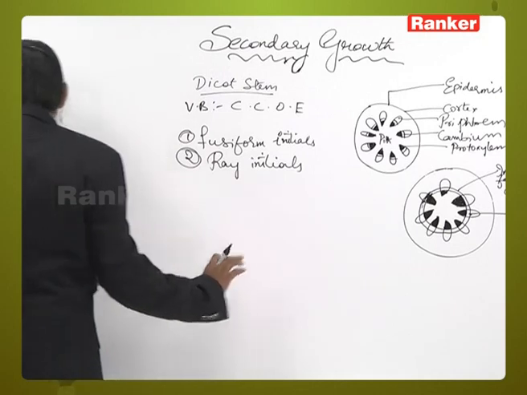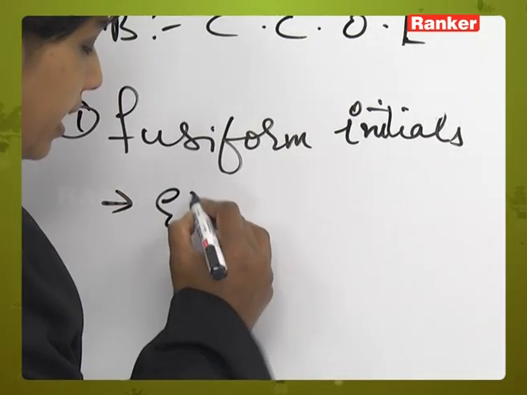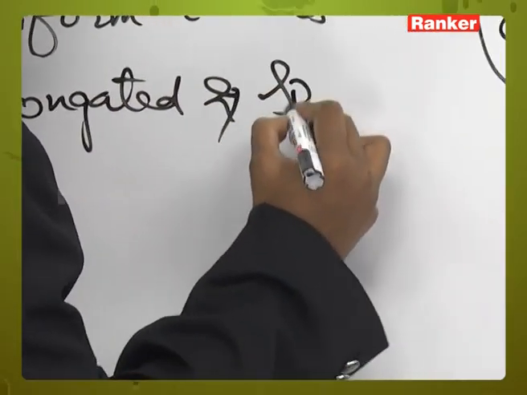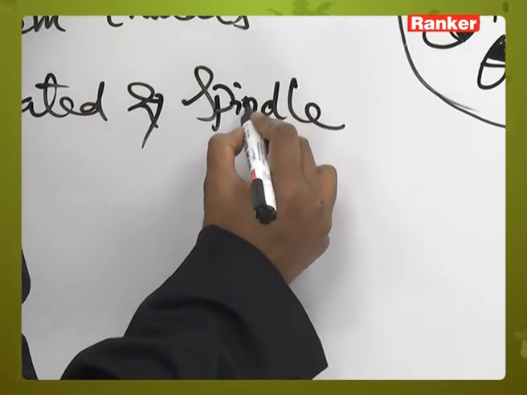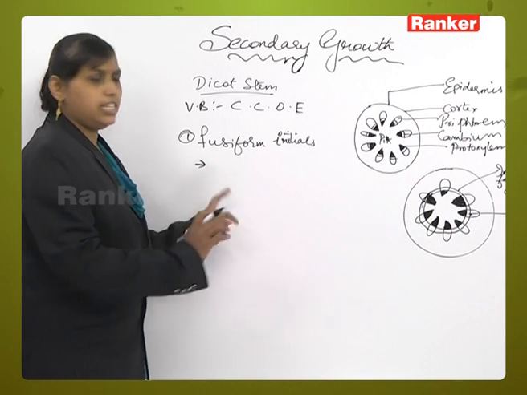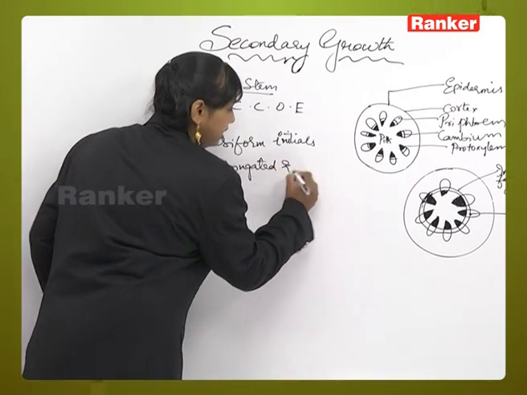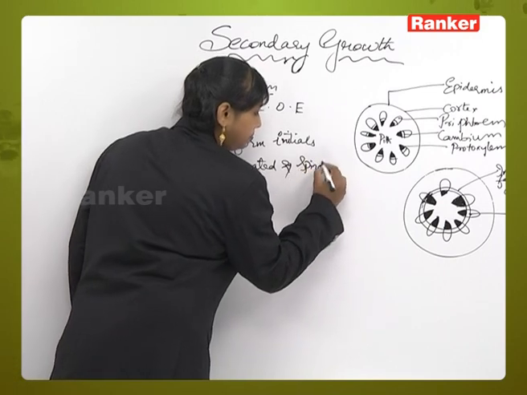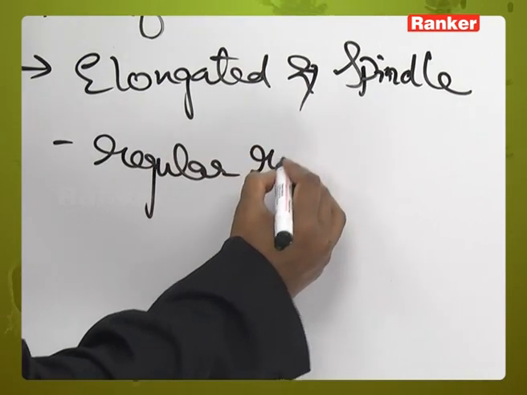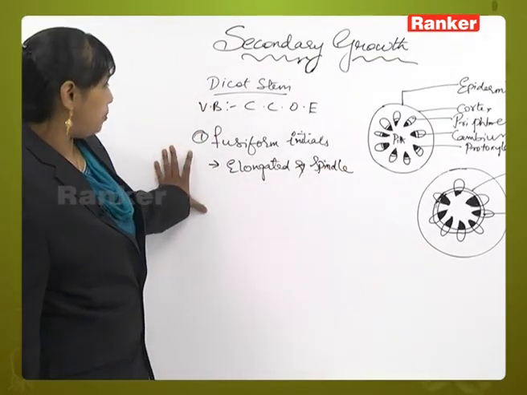Fusiform initials are the initials which are elongated and spindle shaped in structure.